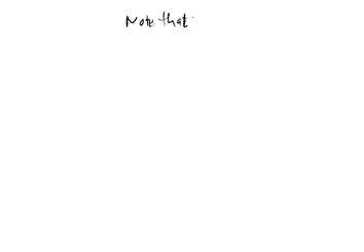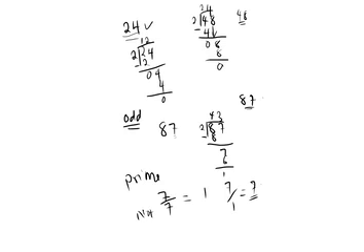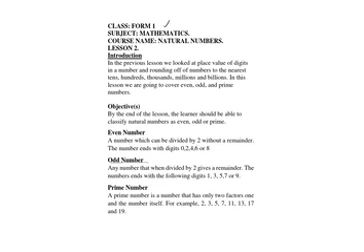This is because it has only one factor, that is 1. And from the definition of prime numbers, we've said that it must have two factors, that is 1 and the number itself.